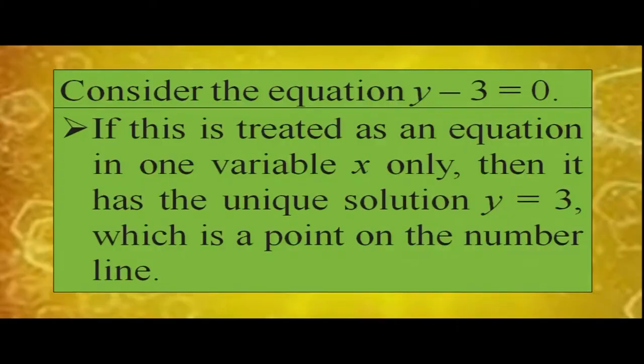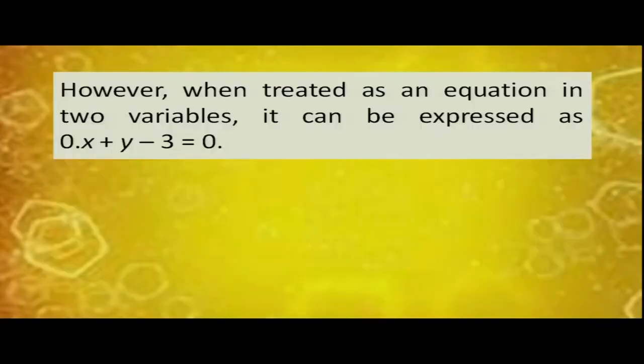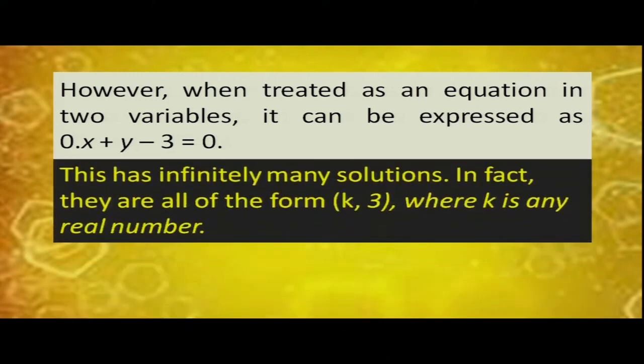Okay. Now if this is an equation in two variables, then we can express it as 0·x + y − 3 = 0. This has infinitely many solutions.